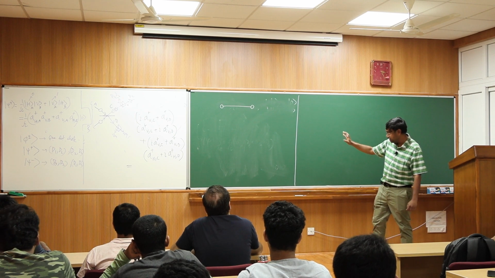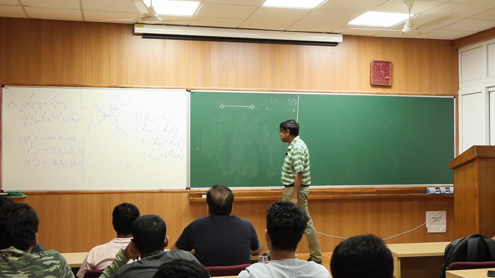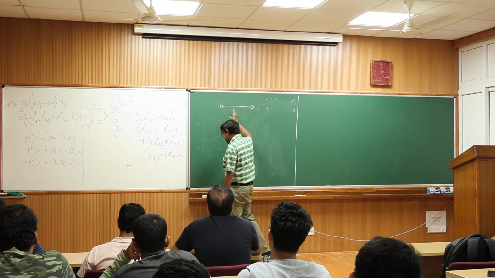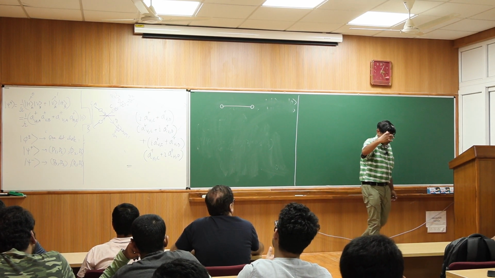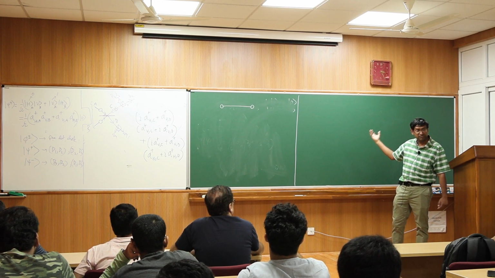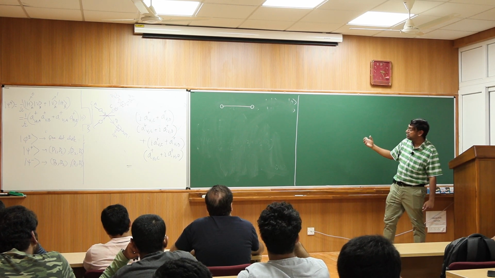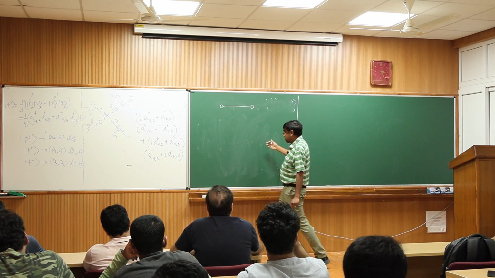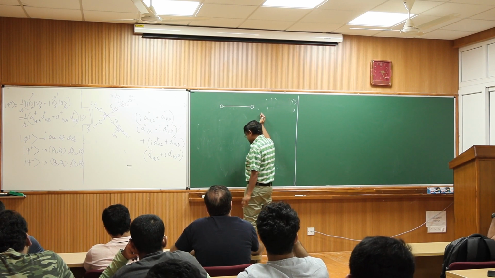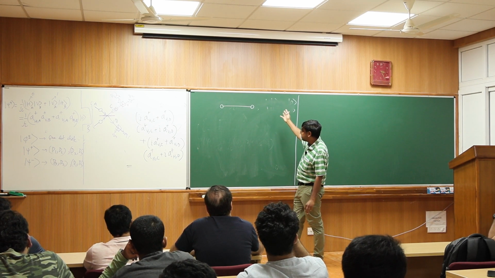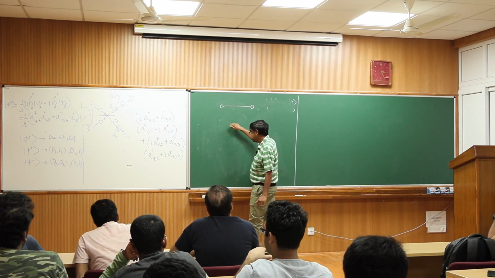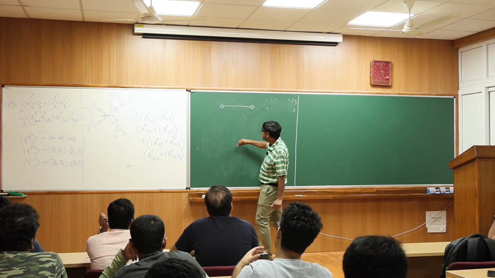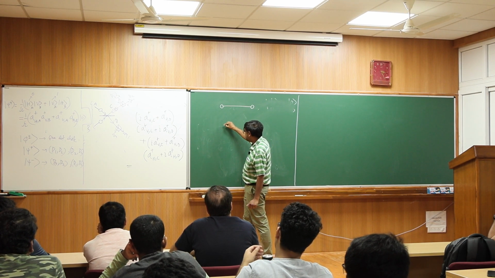I am showing one here, but maybe they share lots of pairs. There are some advantages of doing that. If you have a very perfect one, then you can do perfect teleportation. With that you can build quantum key distribution, distribute a secret random key, and you can find whether someone is wanting to eavesdrop on your conversation. You can do things like that.